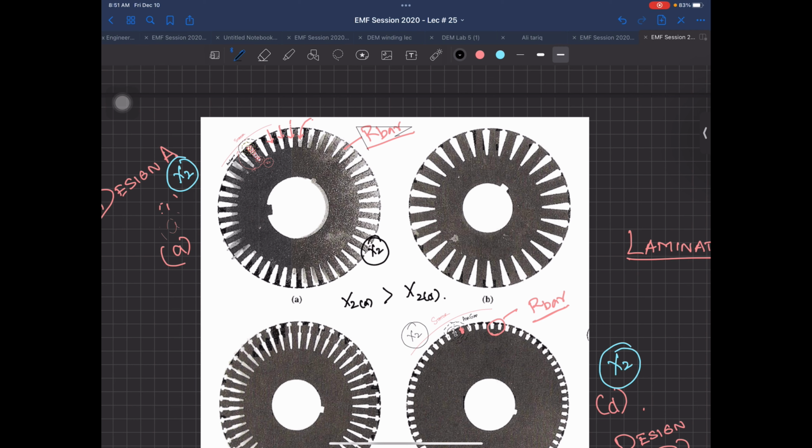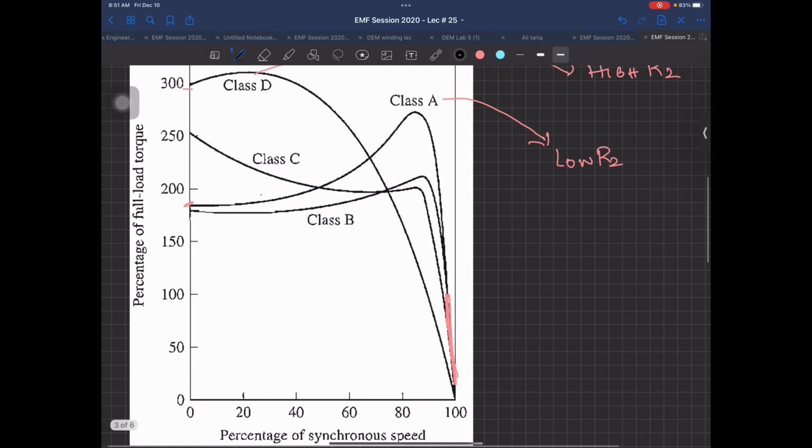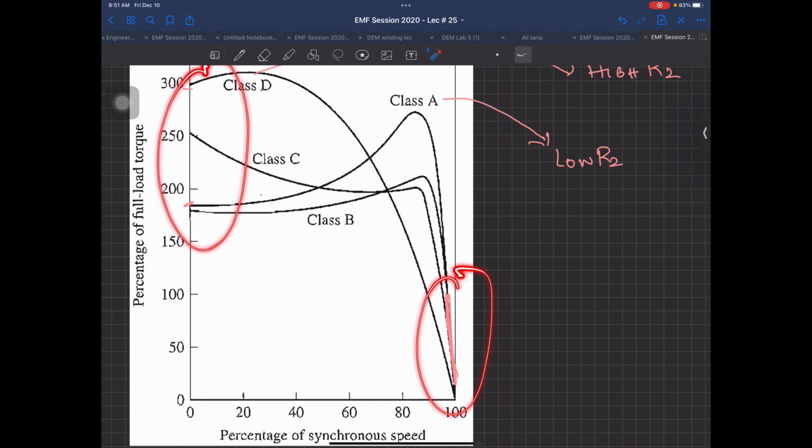Remember that thing also. Whenever you are analyzing a torque slip curve, always analyze it with respect to two regions: the starting torque and the full load to no load region. Now, let's analyze it with respect to starting torque.